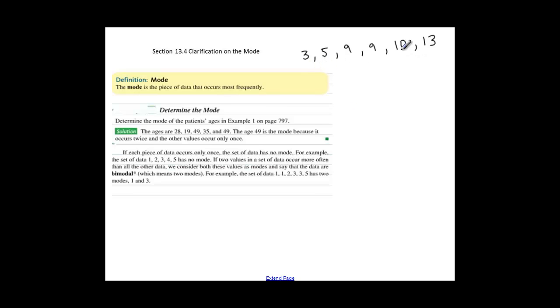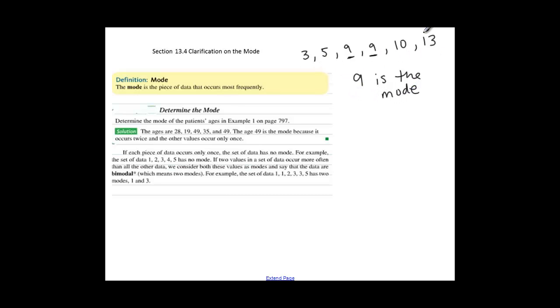So out of that data set, or that set of observations or observed values, the number of the observation that occurs the most would be 9. So out of that data set, we would say that 9 is the mode. Okay. And so you can have just one mode of a set.